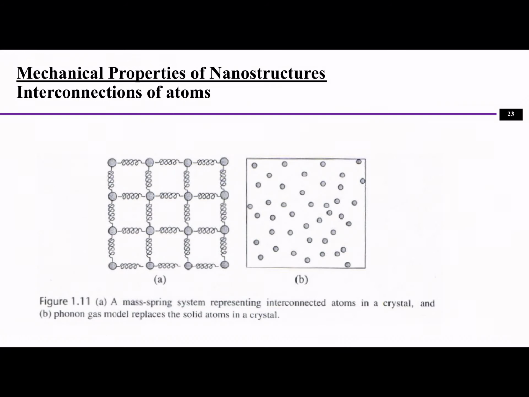Interconnections of atoms form more like a spring system. You can see that between atoms, they also have electrons, and all these electrons start to form bonding, and those bondings start to form the basic structures of nanostructures.